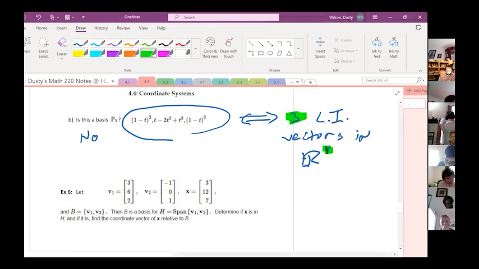Okay. So yes, they were linearly independent, but since there were only 3 of them, that tells you that they did not span R4. So since they don't span R4, certainly they're not going to be a basis for R4.